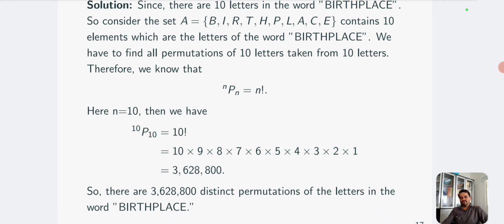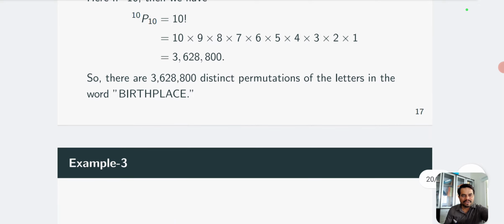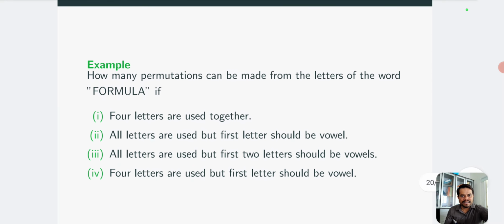Just find the factorial and we get the answer: there are 36,28,800 distinct permutations of the letters in the word birthplace. So you can arrange these letters in 36,28,800 ways.